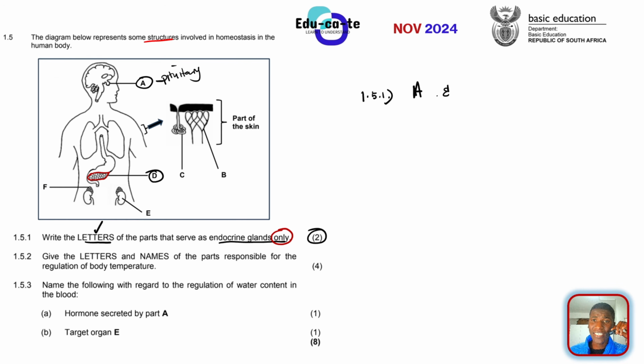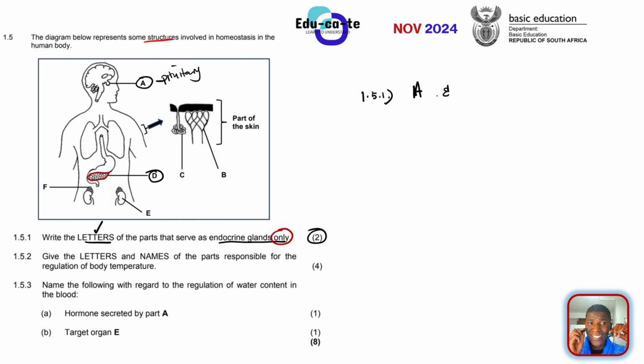Why do I say that? The pancreas, remember, is able to produce insulin and glucagon as hormones to regulate the blood glucose level or the blood sugar level. For example, when you eat a lot of sugar, we need insulin to reduce that sugar by converting it to glycogen and storing it in the liver. Or when you've got low sugar levels, we need glucagon, and all of those are secreted by the pancreas.